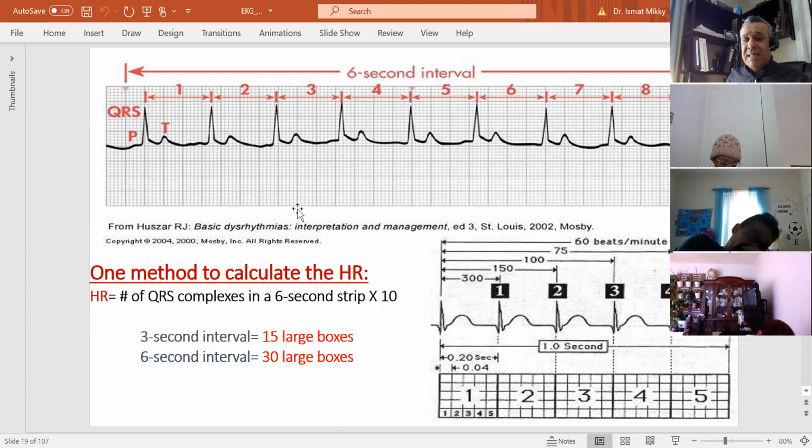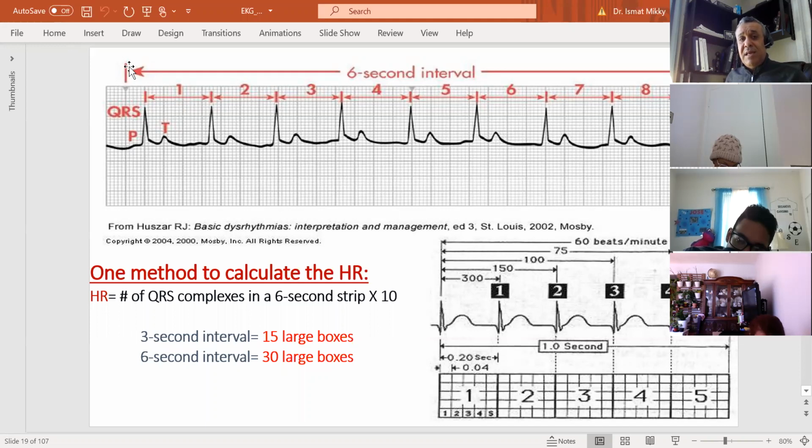We always use the x-axis, and we know our measurement that the large box is 0.2 seconds and the small one is 0.04 seconds. So R wave to R wave is supposed to be consistent as long as the patient's rhythm is regular.